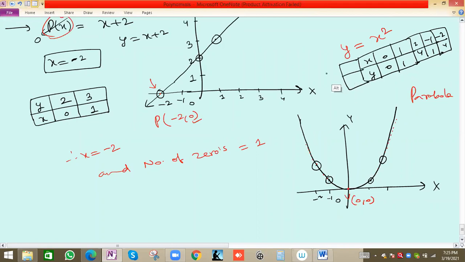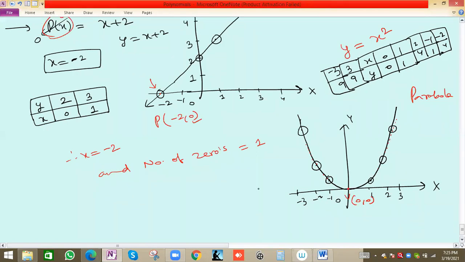We can take more. For the last two points, let us take (3, 9) and (-3, 9). We can smoothly join them to get the graph.